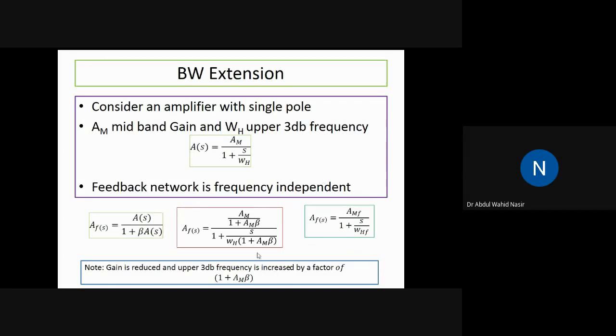From this expression, ωH dash will be ωH into 1 plus Amβ. Actually, the gain is reduced and the upper 3 dB frequency is increased by a factor of 1 plus Amβ. So we can have ωHF equal to ωH into 1 plus Amβ. So the 3 dB frequency is increased by a factor of 1 plus Amβ, and we can say that bandwidth extension is also there if we have a negative feedback system.